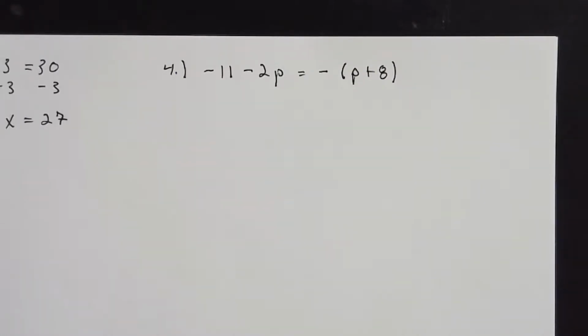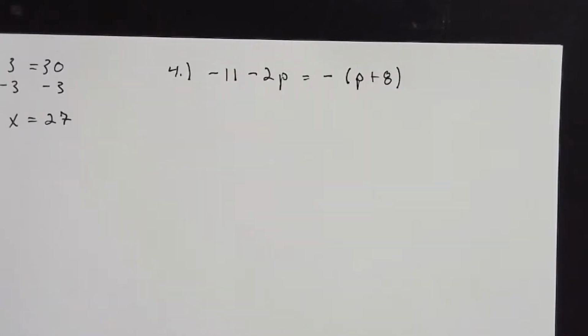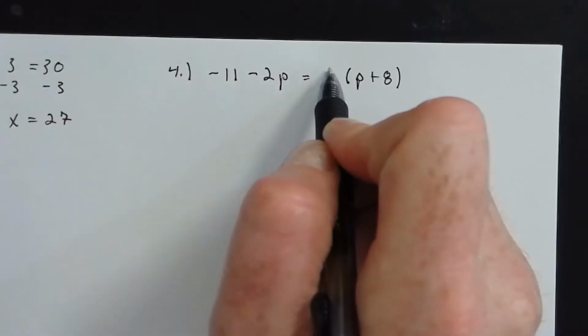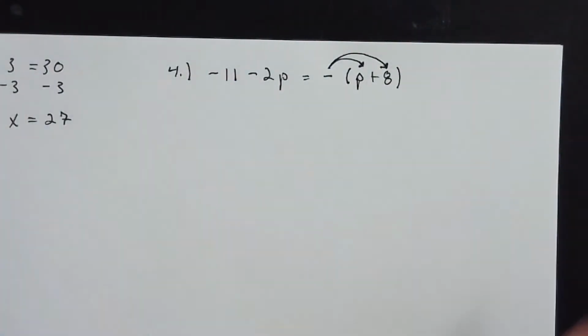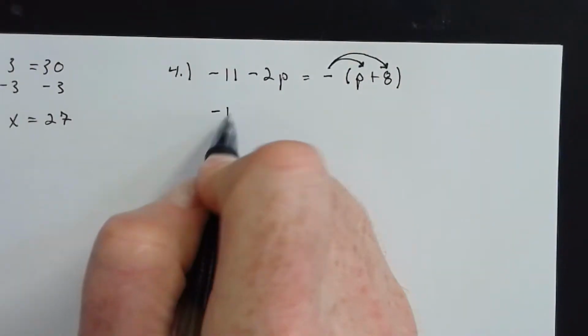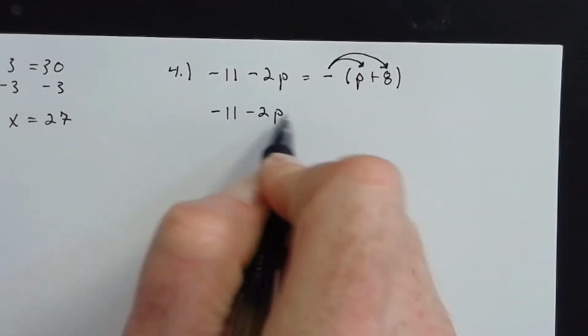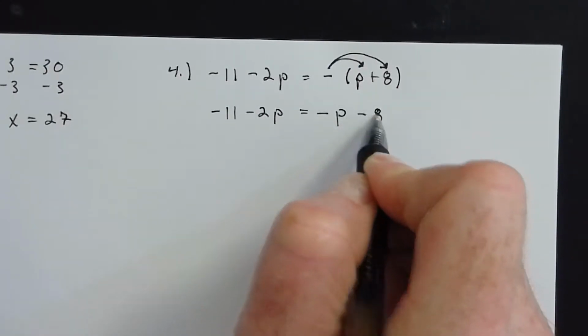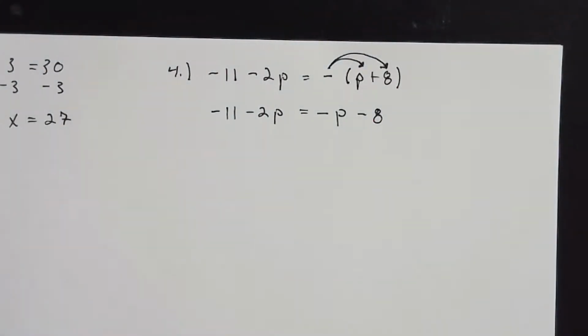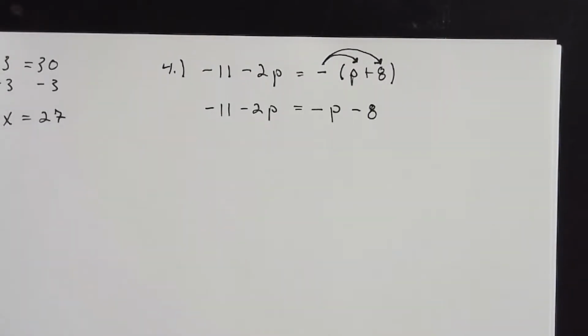So the big deal with this problem is to distribute the negative sign. And now we have to get the variables on one side, get the numbers on the other, and then solve for that variable by combining like terms.